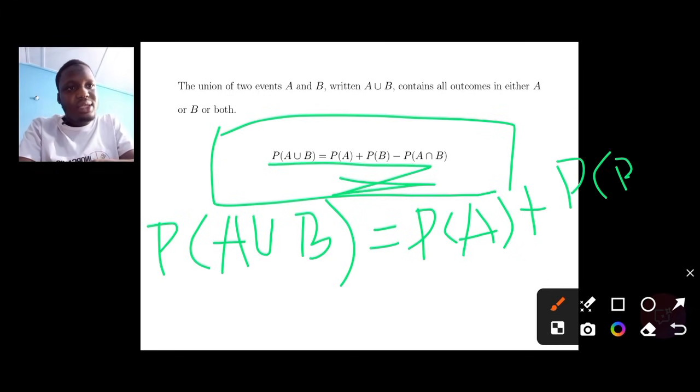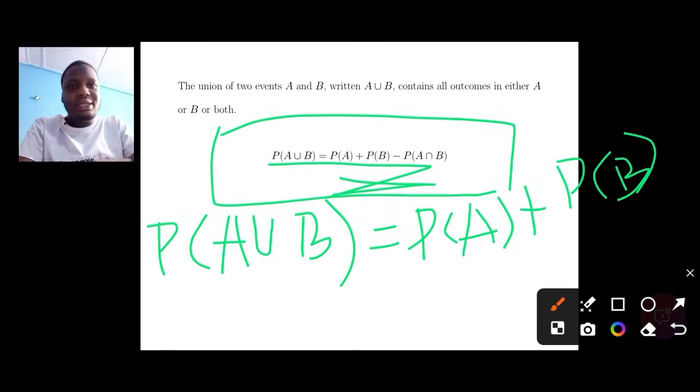One mistake most students make is that they treat probability of A union B as P(A) plus P(B), ignoring the third part. It's very, very dangerous. Never try that anywhere, okay?